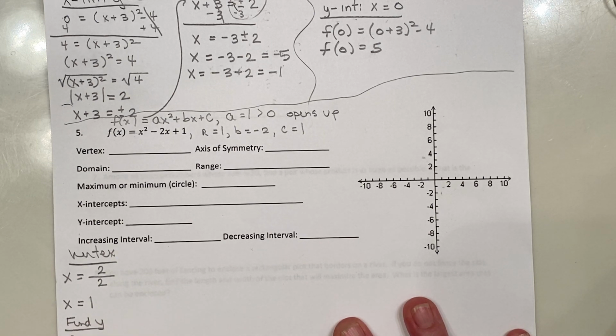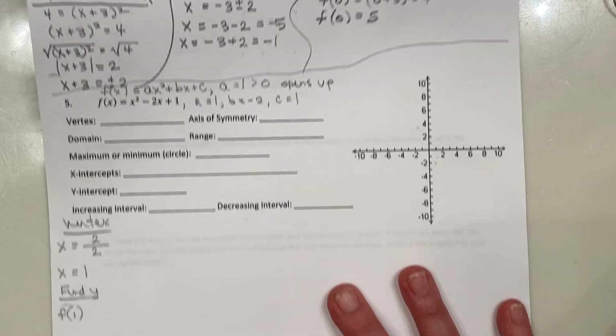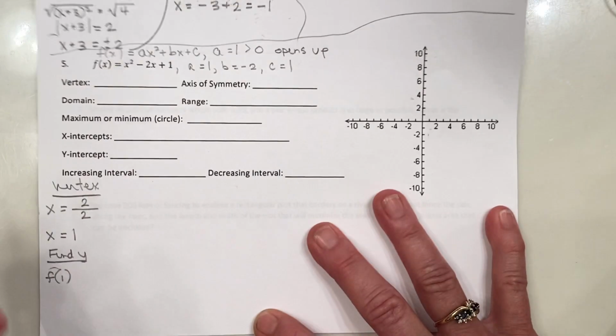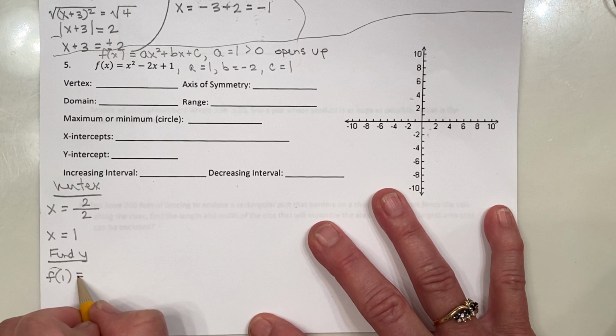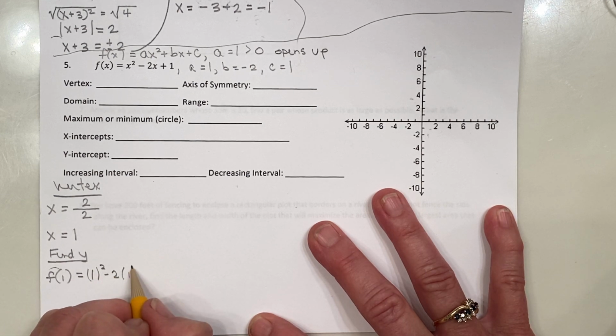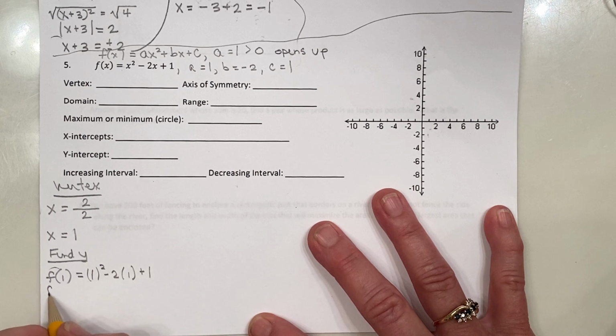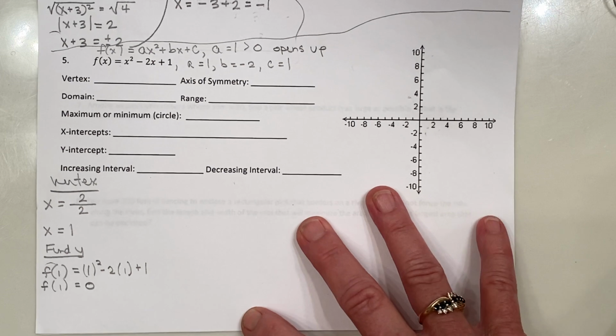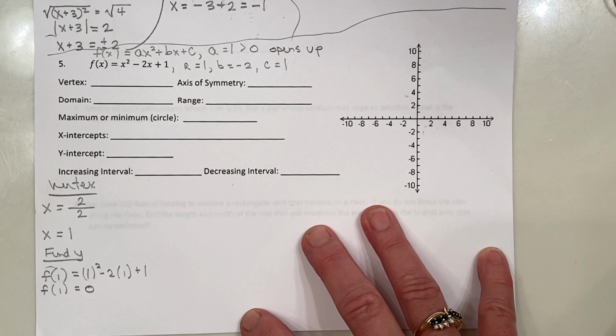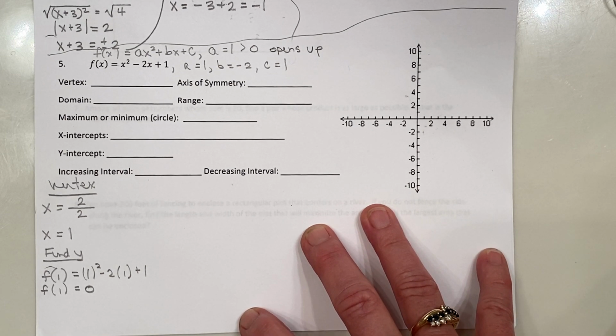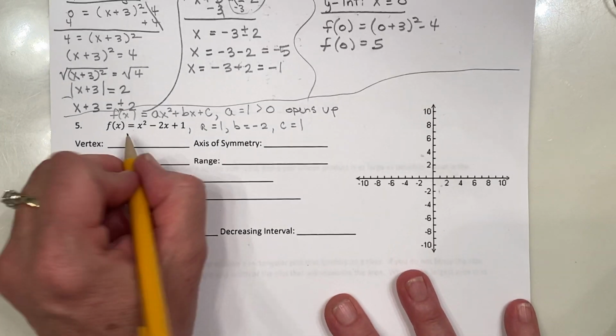And let's find the Y. So go back to the original equation and plug in 1 everywhere you see an X. And do all that work on the calculator, and I believe you get 0. All right, so we've got the vertex (1, 0).